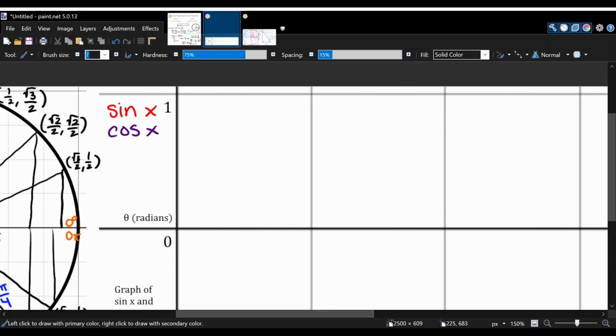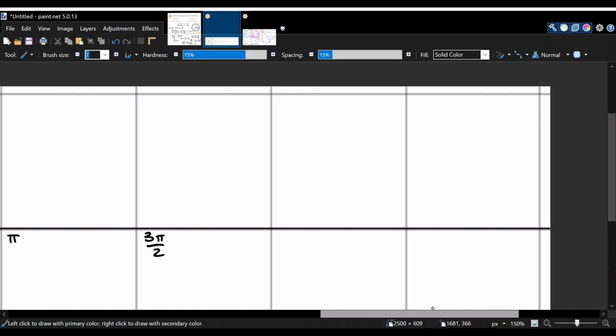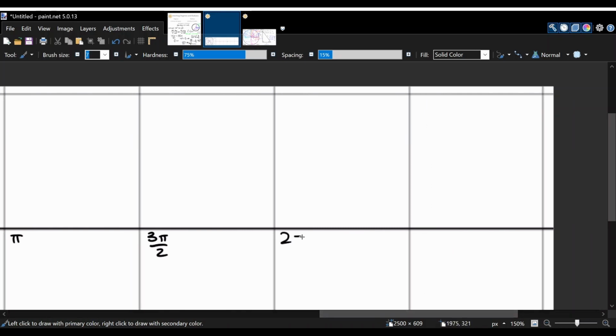So I want to start by labeling my x-axis, and I'm going to make this spot pi over 2, pi, 3 pi over 2, and I'm going to continue it with increments of pi over 2 up to there.